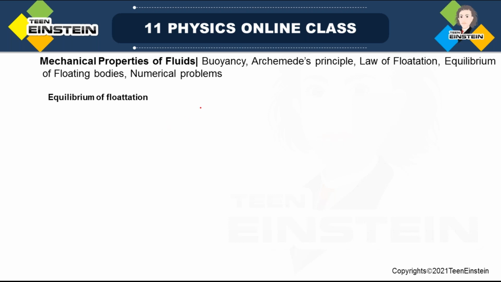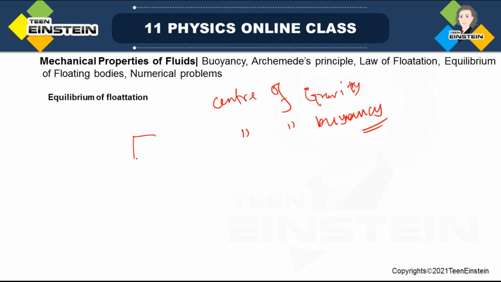One is that any object has some weight, so it has a center of gravity, and a center of buoyancy. Center of gravity and center of buoyancy. So suppose you have a certain object in a shape something like this.